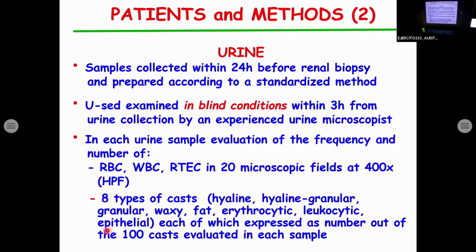We considered these 8 types of cast: hyaline, granular, waxy, fat, erythrocytic, leukocytic, and epithelial. And we also evaluated for all renal biopsies, as I said, the activity and chronicity index, and correlated the urinary findings with these scores.